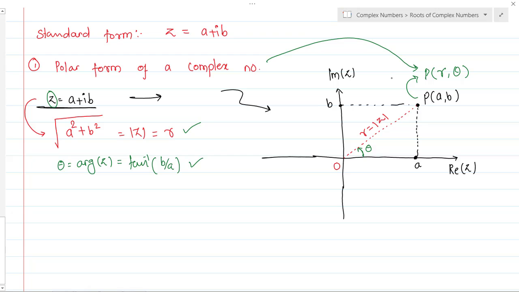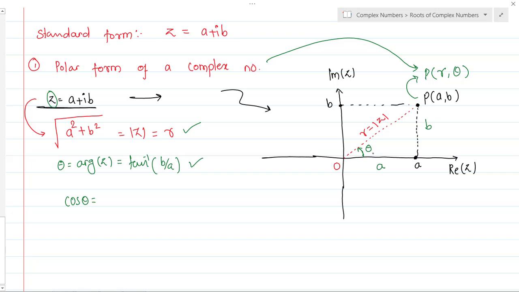Do you understand? So you get the point P as r comma theta. This length is b and this is a. Now with the help of this diagram, can you tell me what is cos theta?